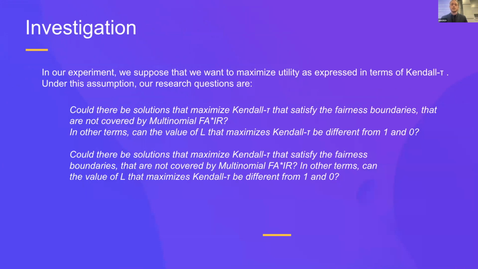We suppose that we want to maximize utility as expressed in terms of Kendall tau. Under this assumption, our research question is: could there be solutions that maximize Kendall tau and satisfy the fairness boundaries that are not covered by multinomial FAIR? In other terms, can the value of L that maximizes Kendall tau be different from 1 or 0?